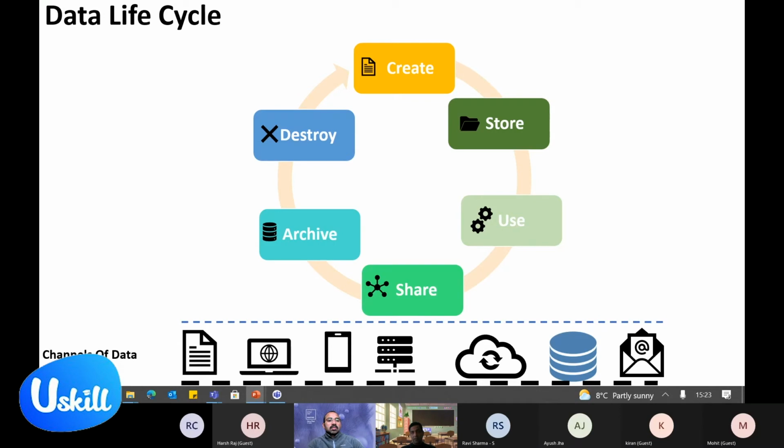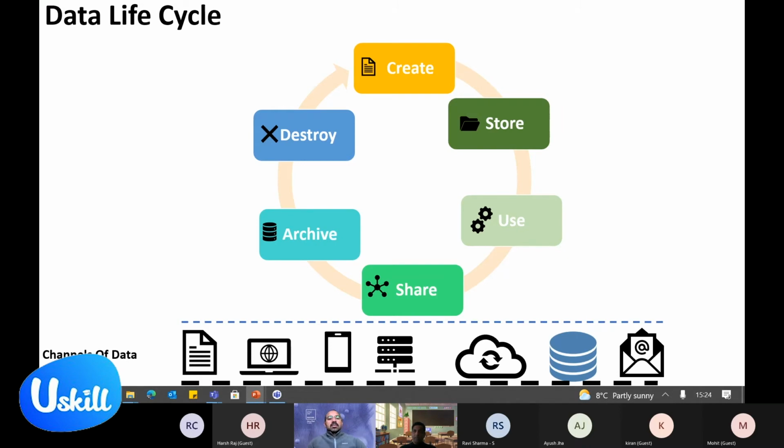Not all data has immortality. Every data has a certain age, and after that the data should go into the backup drive, or it should be archived, because there is no use for it. New data is overlapping with it, so that data should be kept in the archive folder.